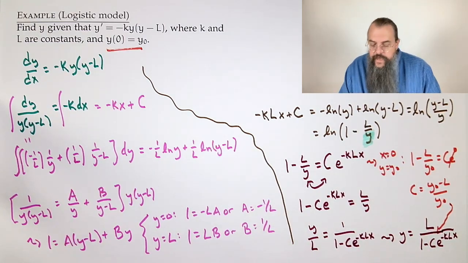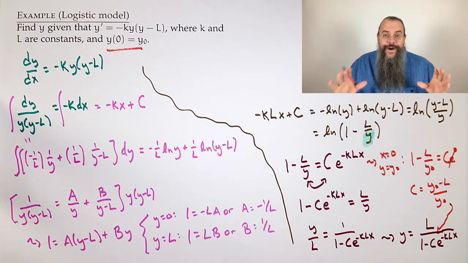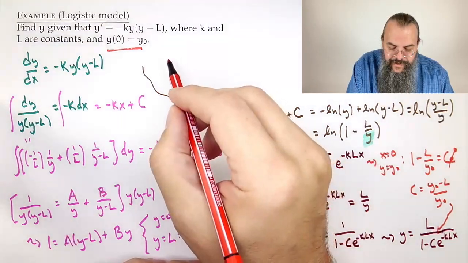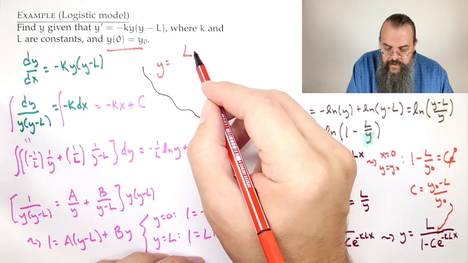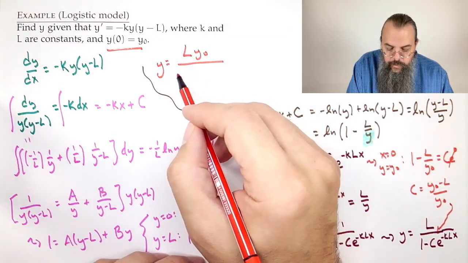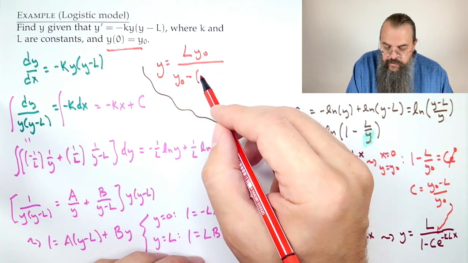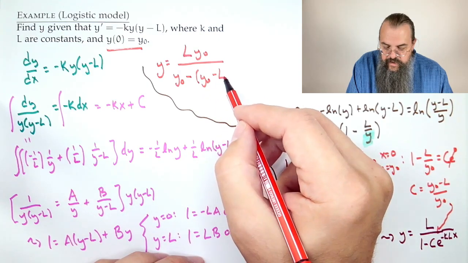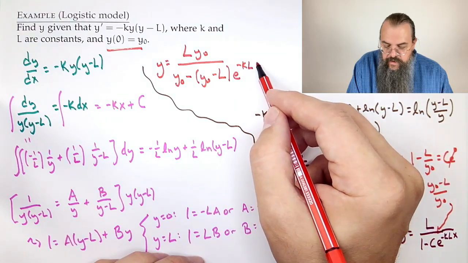And now if we do that, and if we multiply both top and bottom by our value y0, we get the following expression. So y is equal to L y0, divided by y0 minus y0 minus L e to the minus k L x.